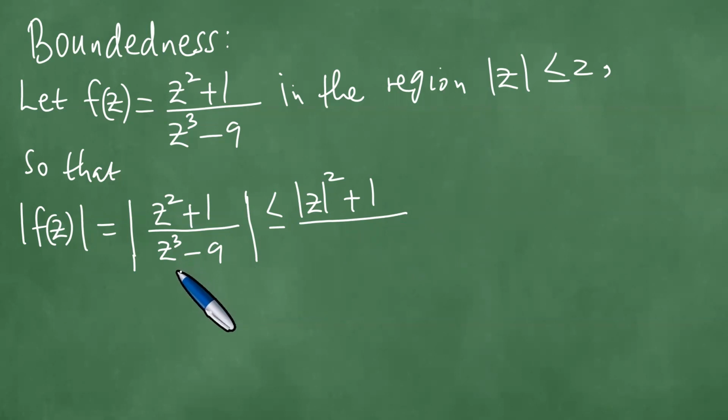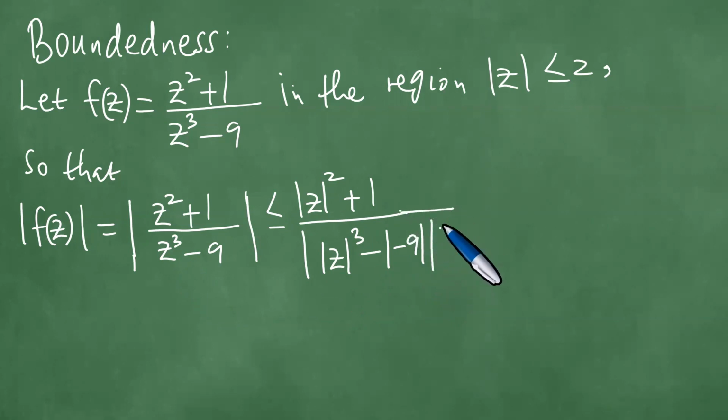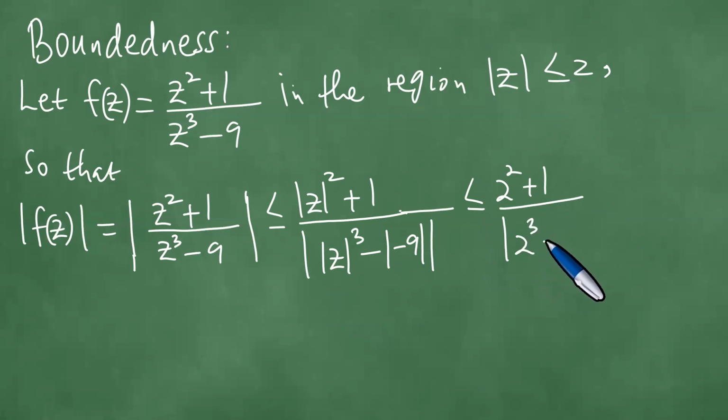Here, using the reverse form of the triangle inequality, or the backward form, for the denominator, this is less or equal to 2 squared plus 1 divided by the denominator, 2 cubed minus 9.